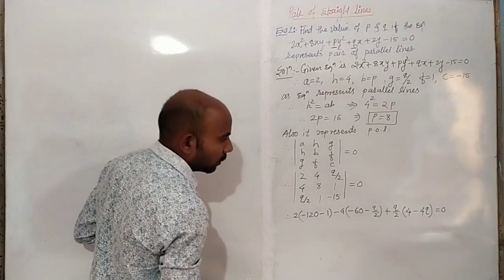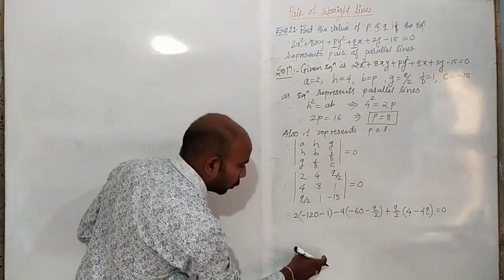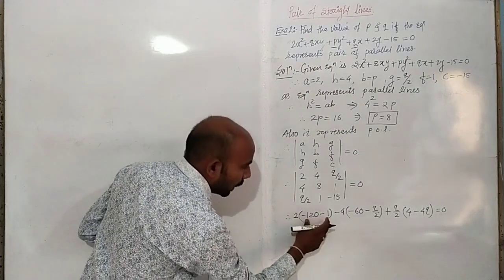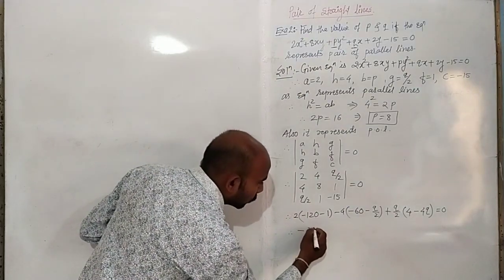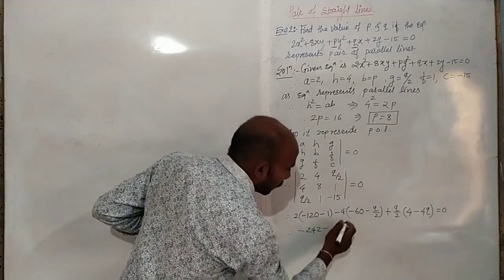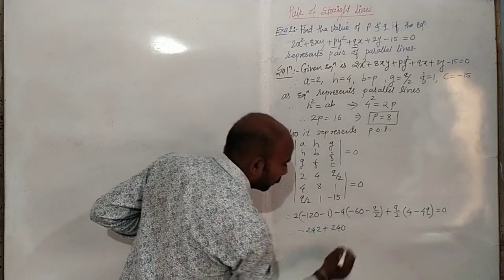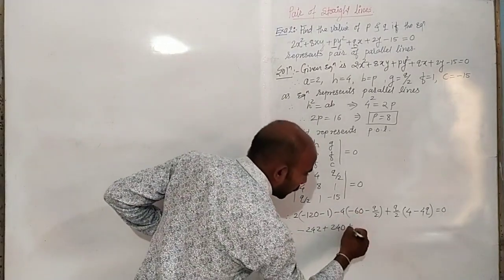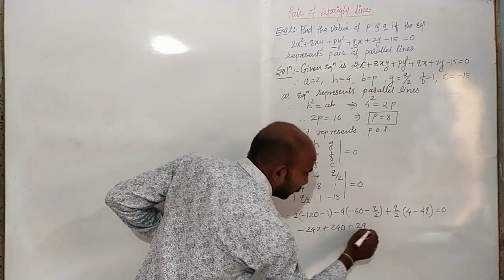So solving these values we get -121 into 2, so we have here -242. Then minus into minus plus 4 6 are 240. Then minus into minus plus q into 4 into q by 2, that is twice q.